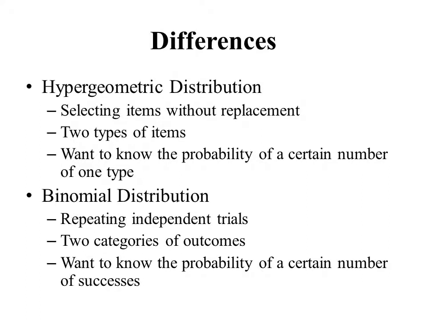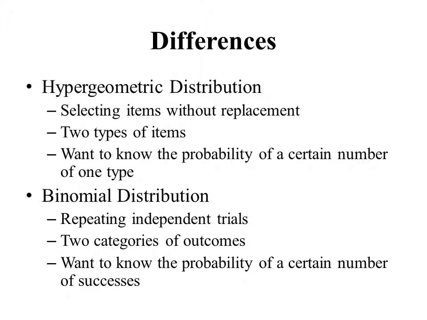But in a binomial distribution, we're not selecting items. We are repeating independent trials. We're doing something over and over again, and the probability of a success does not change. Now we have 2 categories of outcomes. Not 2 types of items, but 2 categories of outcomes. And we want to know the probability of a certain number of successes.